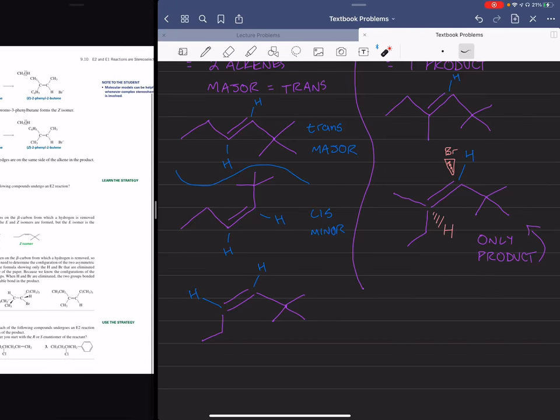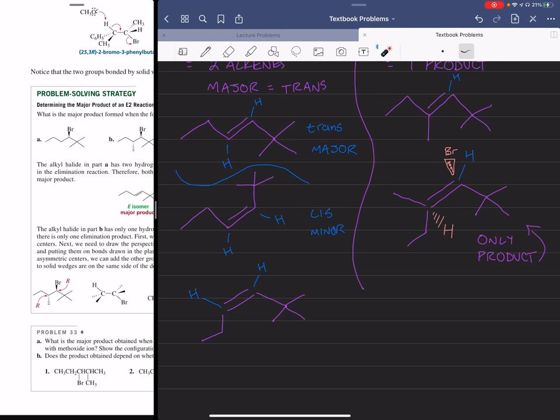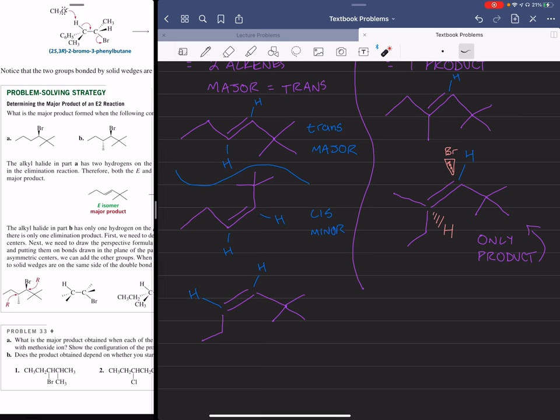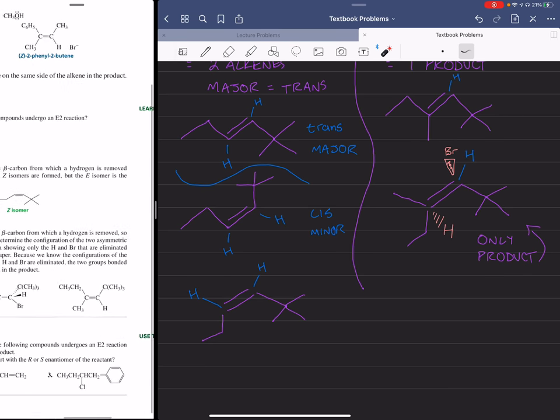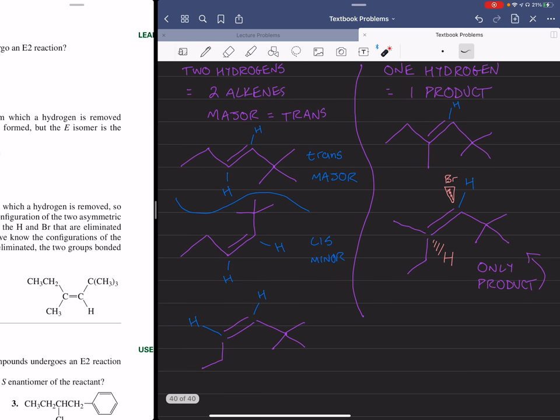They went through a lot of confusing steps. I don't think that that was necessarily a good idea. They're like, is this R or S? Let's draw hatches. Let's draw wedges. Let's do this, and let's finally get to this. But look at their final product. Okay, again, just pretend that my bromine and my hydrogen aren't here. But we have our alkene carbons.